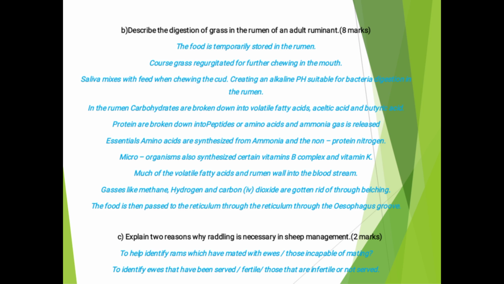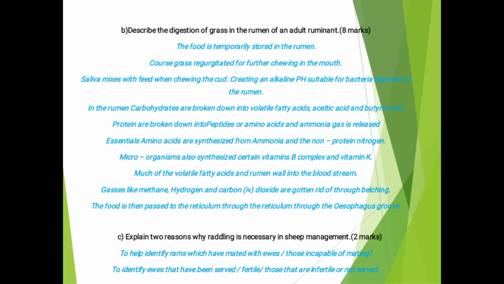Finally, explain 2 reasons why raddling is necessary in sheep management. We have already discussed what raddling is, fitting the ram with crayons, and these crayons are colored so that we can identify the ewes that have been tupped and those that have not, and tupped by which ram.